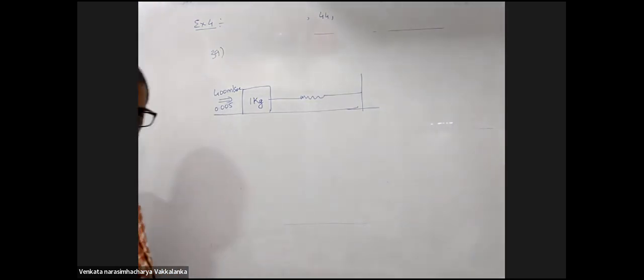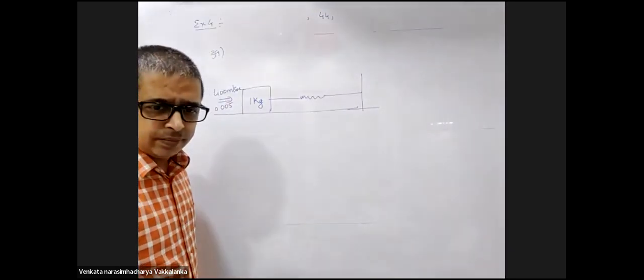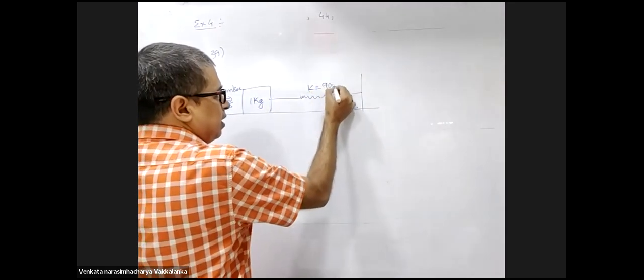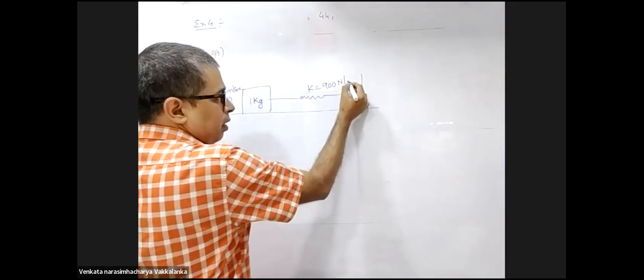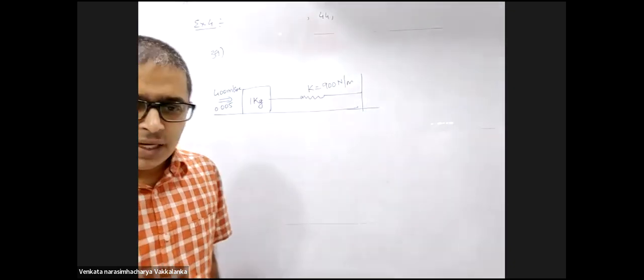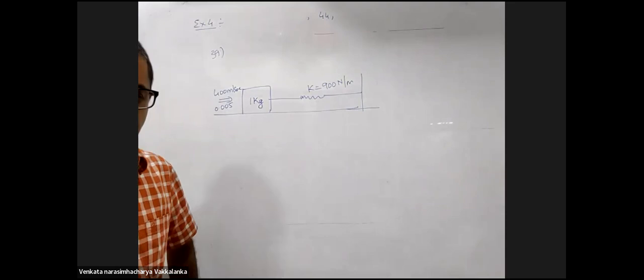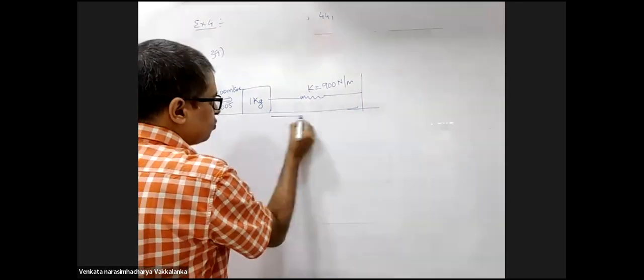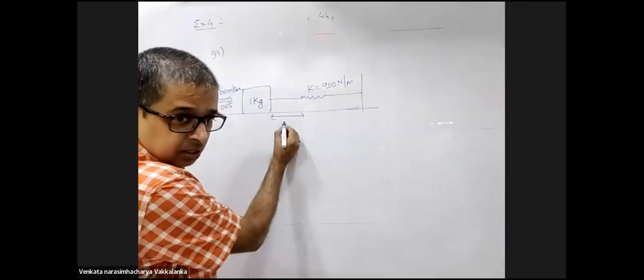So, my conversion is correct? Yes, sir, correct. Force constant is 900 Newton per meter. If the block moves 5 centimeters to the right of impact, find the speed at which the bullet emerges from the block, and the energy lost in the collision. The block moves how much distance? 5 centimeters.